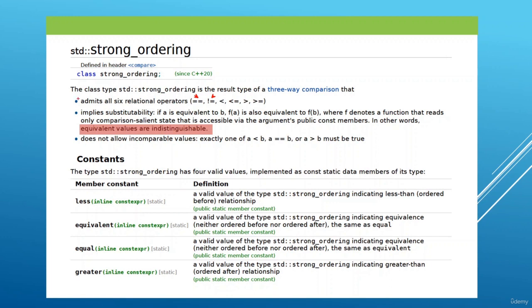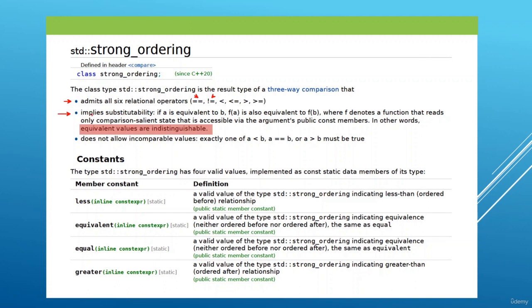So strong ordering can be used by the compiler to give us all these operators. But the special thing about this kind of type is that it can be used to describe absolute equality. I have said that. And this is how the official documentation says this.